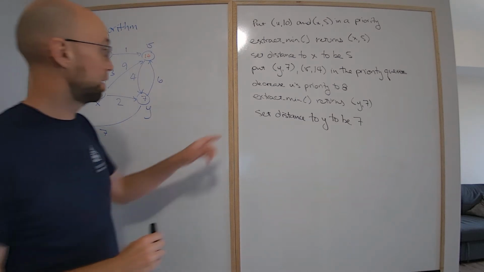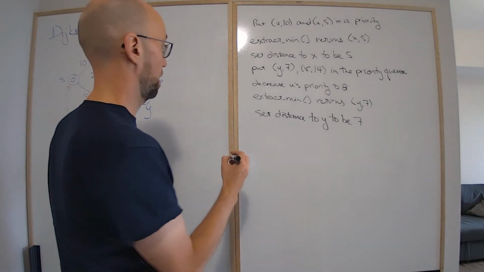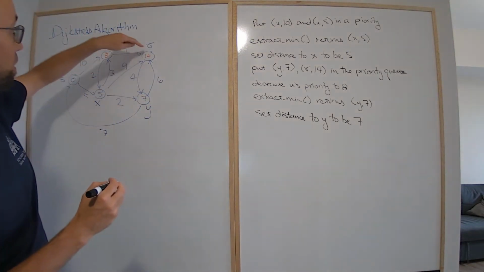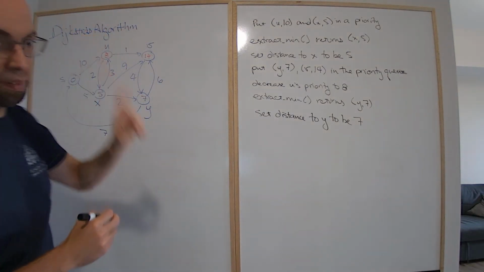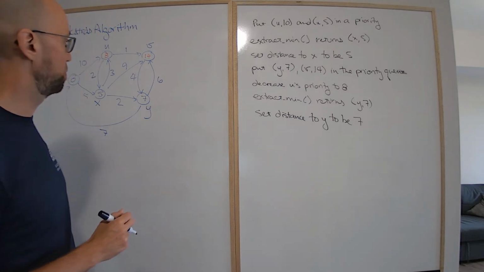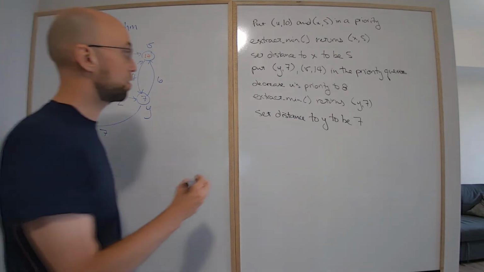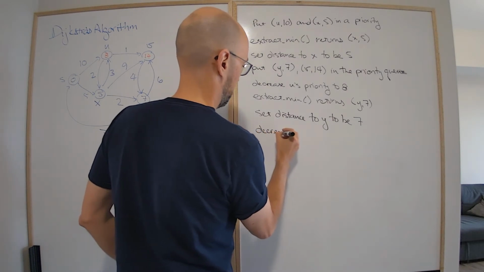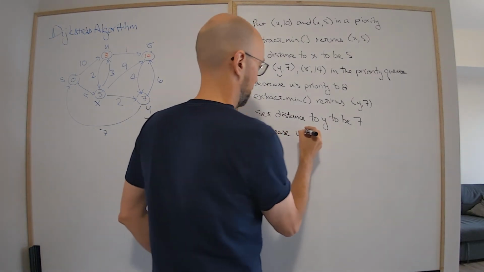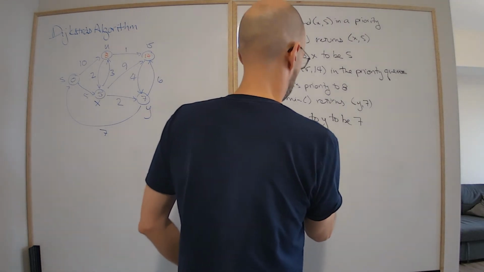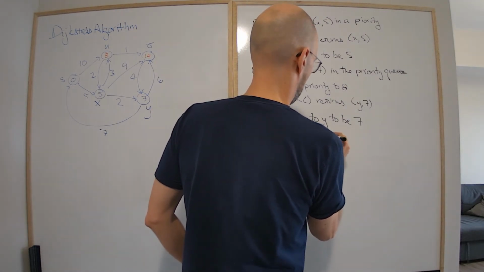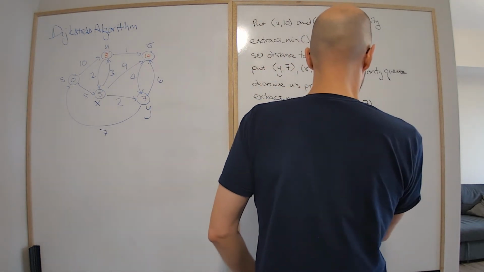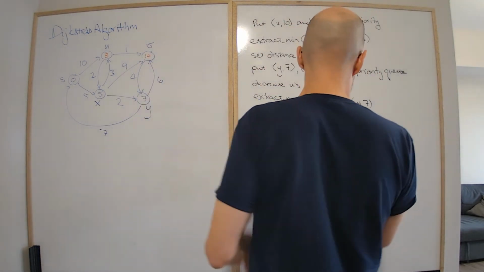Now you can get to V. I missed this in the previous part. You decrease V's priority to 7 plus 6, 13.